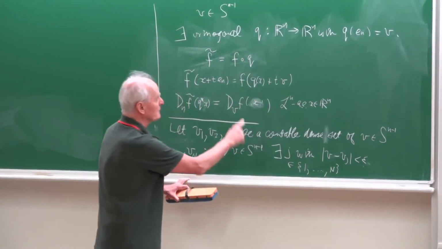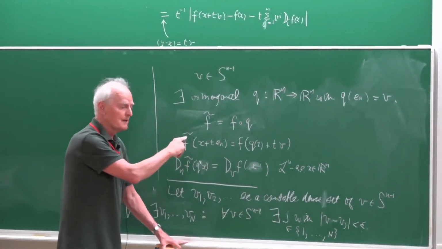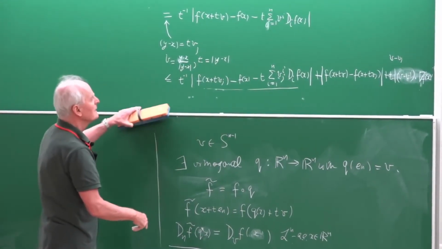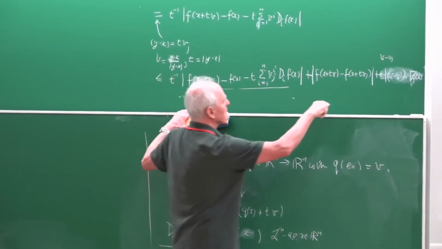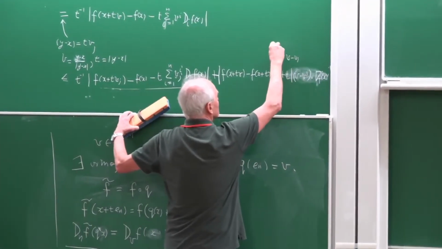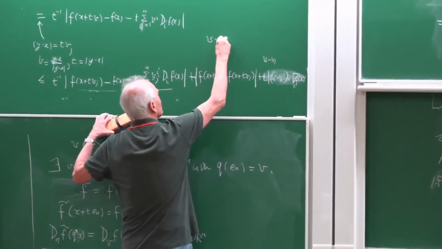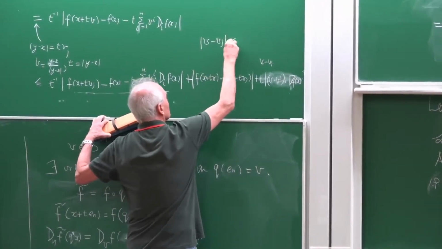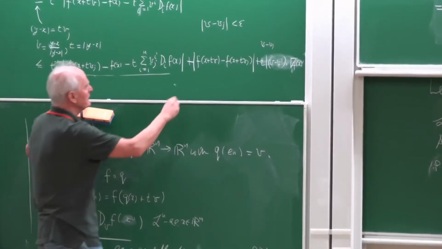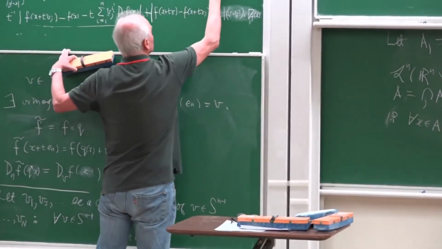That's going to be important right now, because we've only got finitely many deltas to worry about. So I can pick v_j so that the length of v minus v_j is less than epsilon, for some j equals 1 up to n.